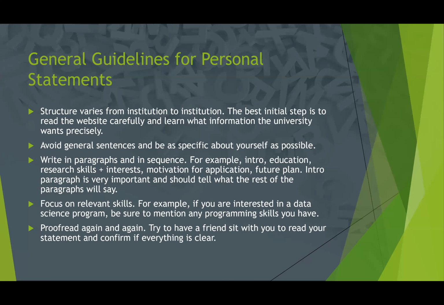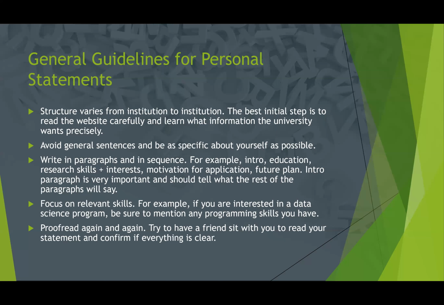If you don't have any research experience, you should definitely explain what your interests are and why you're interested in that, or what particular concepts or book you read that made you interested. And obviously, you have to motivate your application: why are you applying to this particular program, and what your future plans are after you get the doctorate from that program.